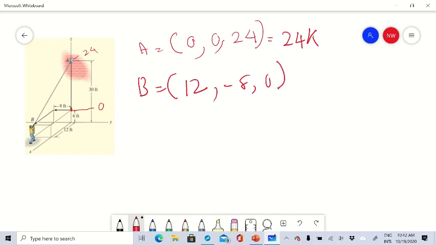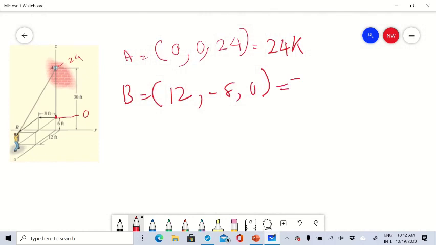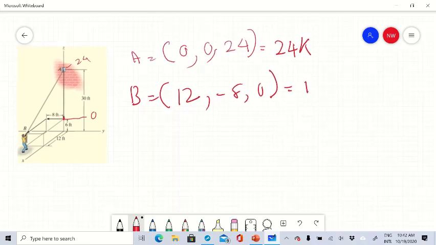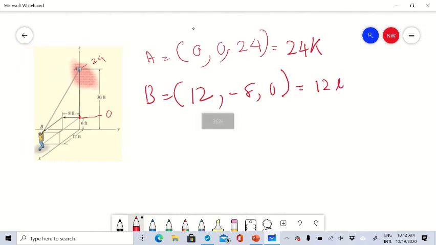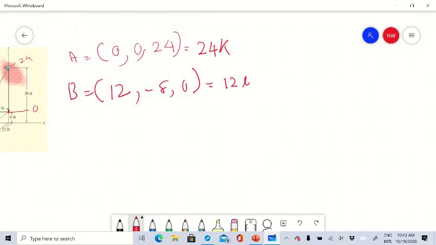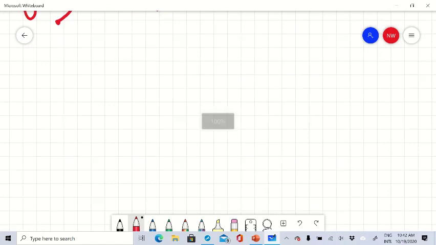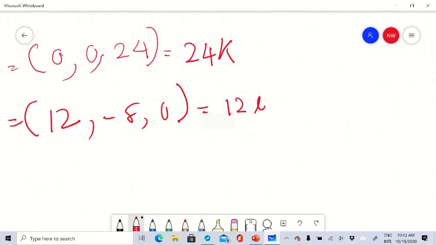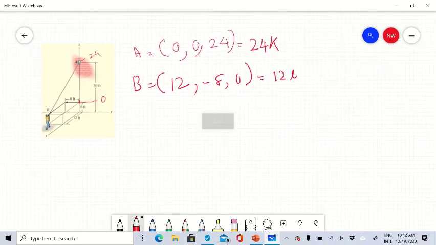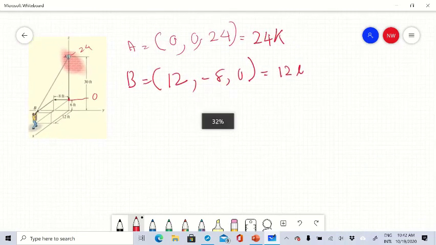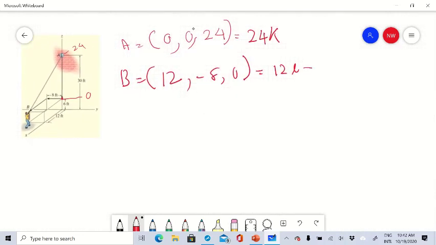If I put this in Cartesian vector form, it is 12i minus 8j plus 0k, right?